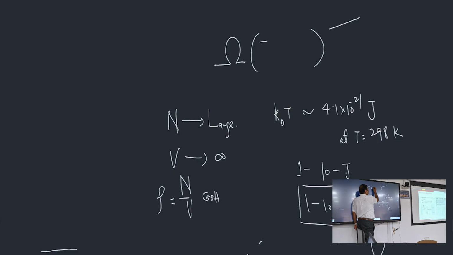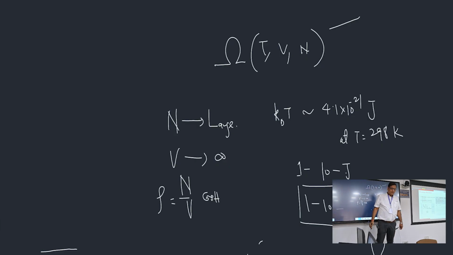It depends upon temperature, volume, number of particles, and you can talk about the energy. So it depends upon what kind of system you are taking. All these parameters decide on what factors the number of microstates accessible to a system depends.